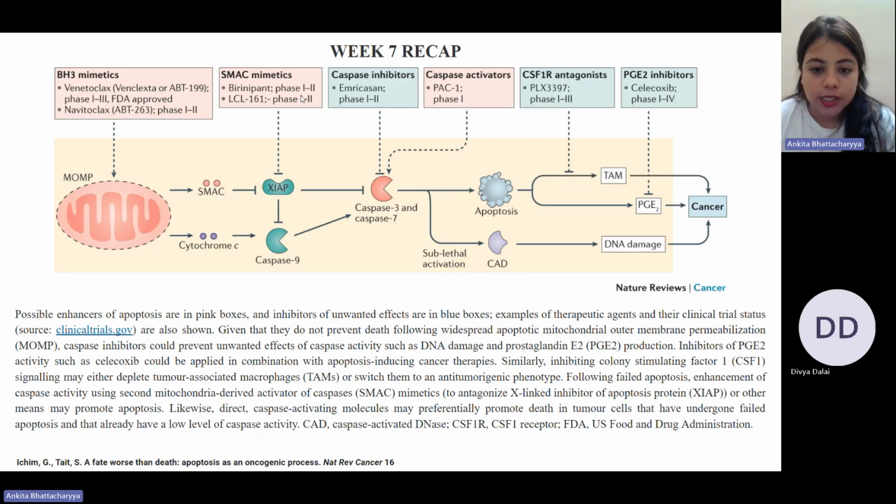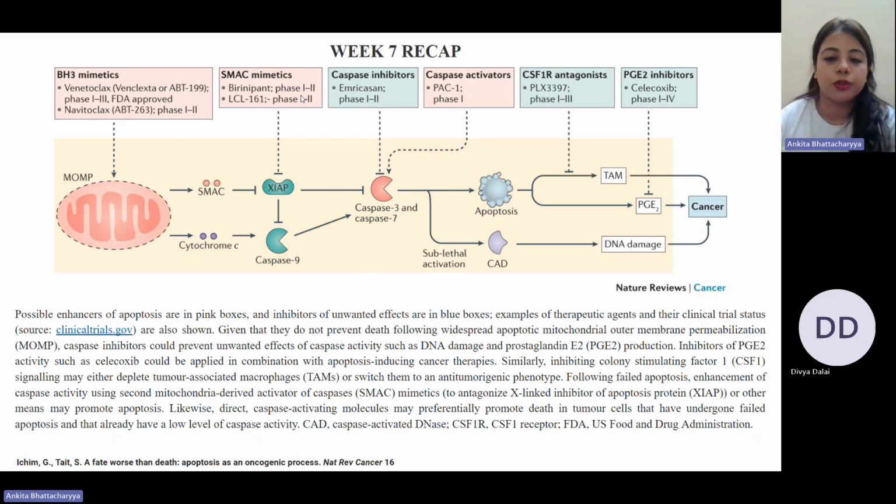Following failed apoptosis, the enhancement of caspase activity using SMAC mimetics, which will antagonize XIAP, or other means, may also promote apoptosis. That is yet another approach. Likewise, direct caspase activating molecules may also preferentially promote death of tumor cells that have undergone failed apoptosis and that have a low level of caspase activity.